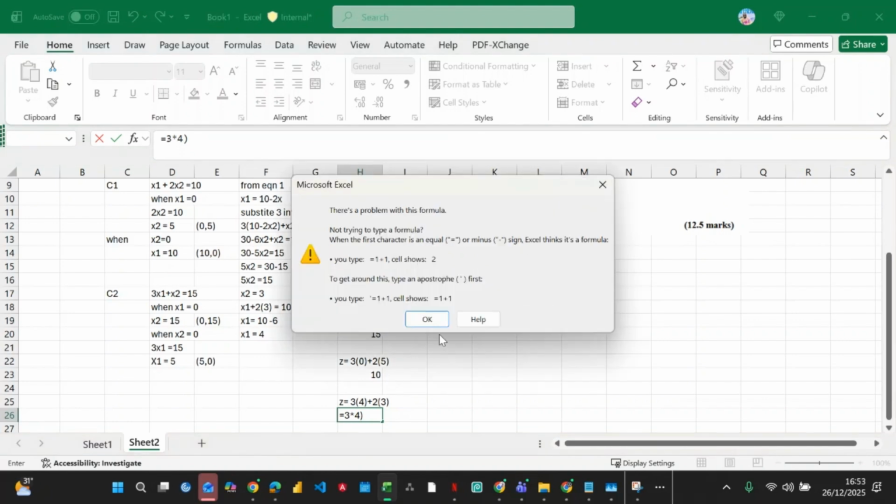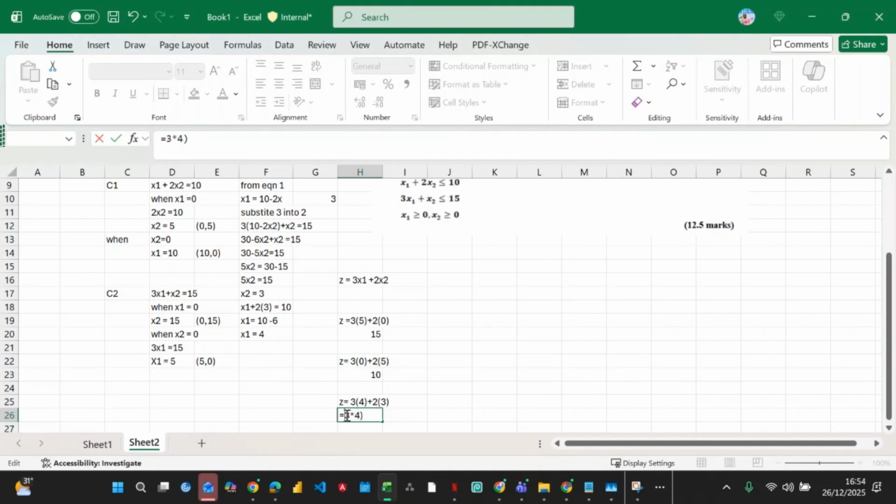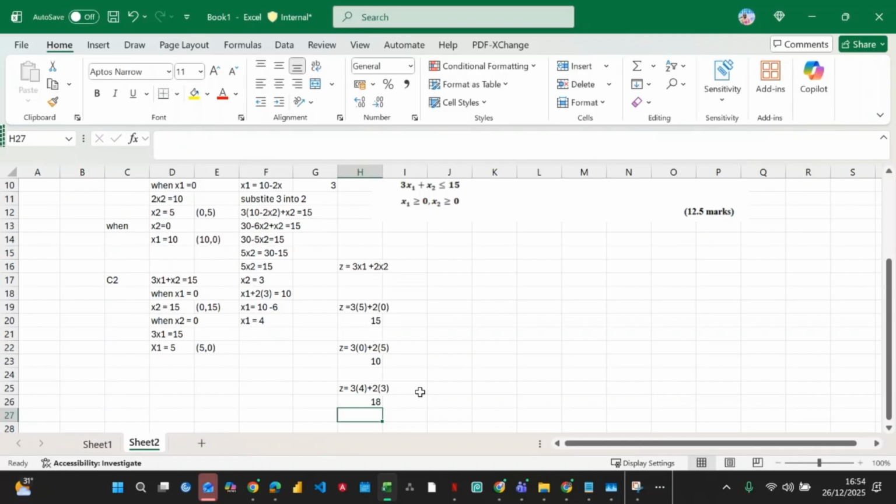So this is going to be 3 times 4, plus 2 times 3, which gives us 18.